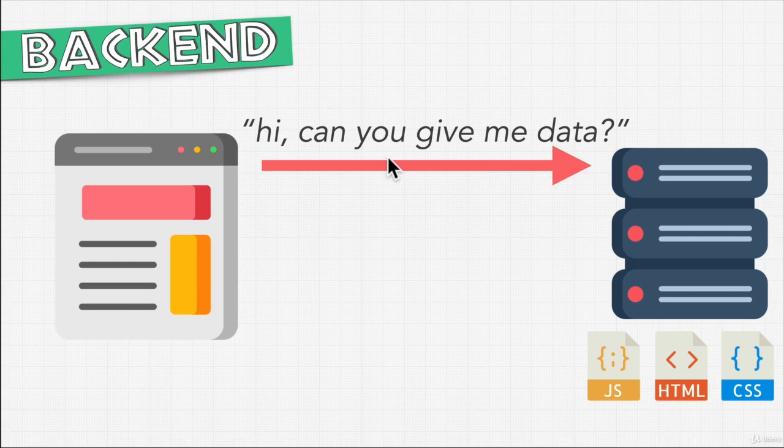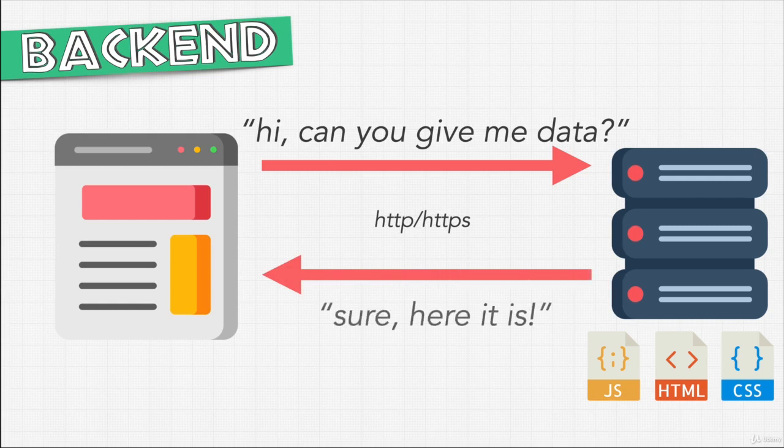And Google servers is going to receive that and say, oh yeah, here it is. Here's my data. Using HTTP and HTTPS, we're going to communicate and say, here you go. You can have this data. And usually we can have static files like JavaScript, HTML, and CSS files. They're static because, well, these things are written ahead of time and we just send them, they don't change.